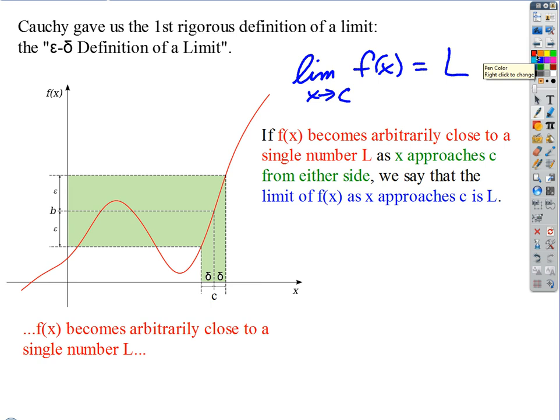Arbitrarily. That's an important word. What does that mean? Sort of. We're flirting with it a little bit. Arbitrarily. Comes arbitrarily close. What do you think?